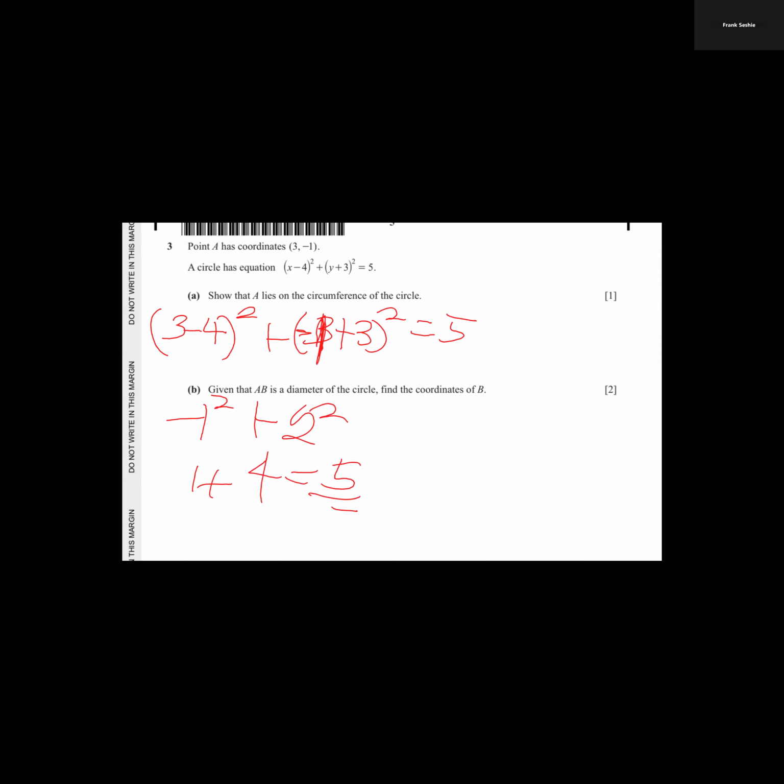That's going to be 3 minus 4 squared plus, y is negative 1, so negative 1 plus 3 all squared, is equal to 5. So like 1 squared plus 2 squared, so that's 1. 2 squared is 4, and that is equal to 5 as on the right. So it's a proof that it's on the circle.